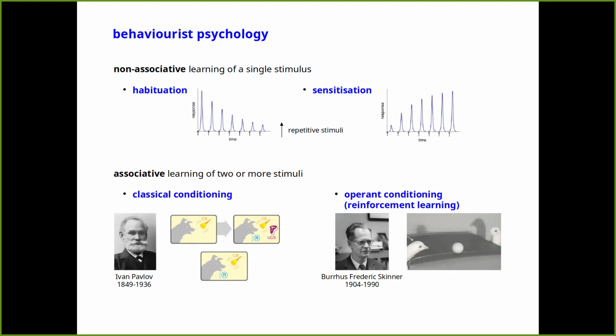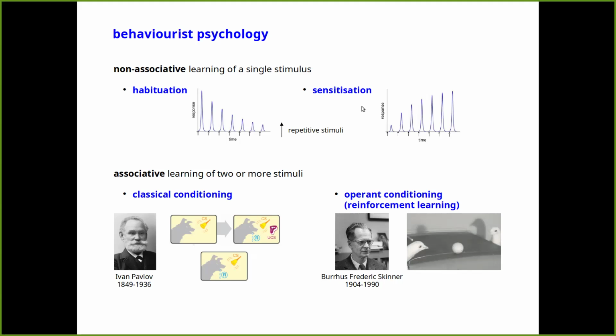There's non-associative learning, which happens when a single stimulus is repeatedly presented, and the learning behaviors that have been uncovered for that fall into two types. One is habituation, which is pretty much what you think it is: you get the stimulus again and again, and your response to it becomes lower and lower, as shown in the graph on the left there.